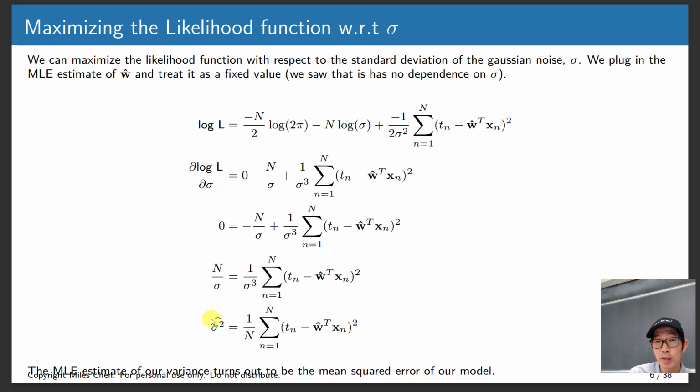This is the value that gives me a derivative equal to 0, which will correspond to our maximum. And this is just our squared errors and 1 over n, so we just get the mean squared error of our model.